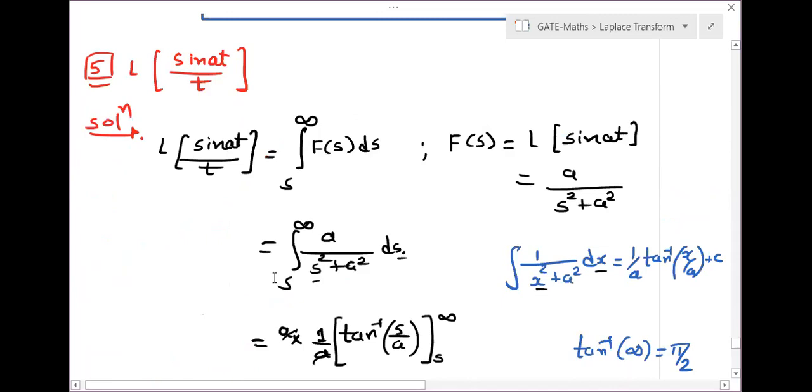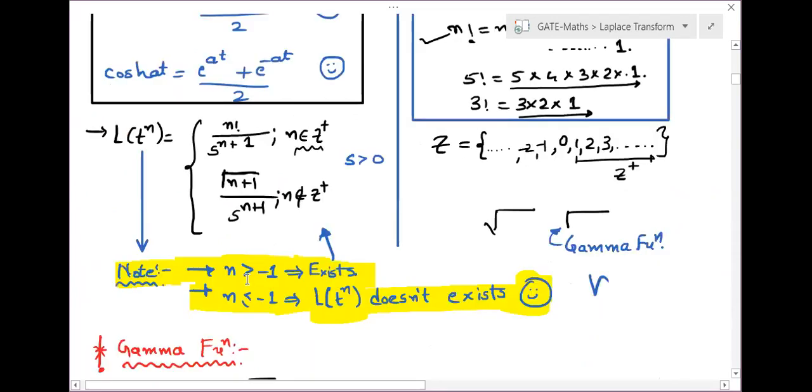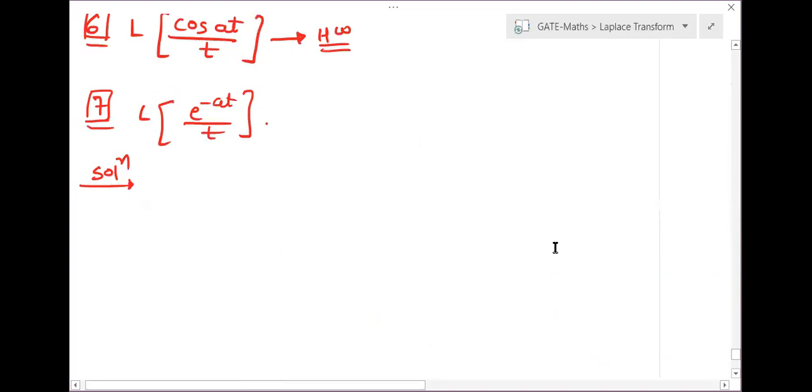This is your formula of Laplace of t to the power n. n should be greater than minus 1 only. If your n is equal to minus 1 or less than minus 1, then we can't apply this formula. So if there is t to the power minus 1, that is, if you are taking 1 upon t and thinking to apply the first shifting property, then we can't find Laplace of 1 upon t over here.